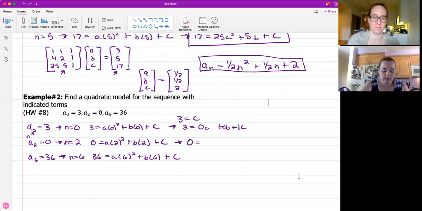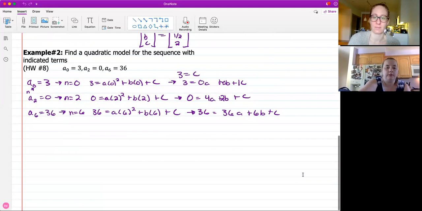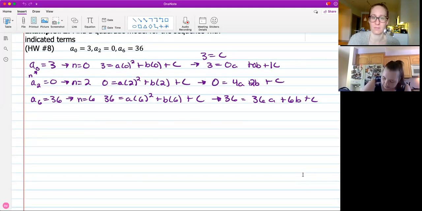Okay, and then for this one, it's just 4A plus 2B plus C. And for this one, it's 36 equals 36A plus 6B plus C. Just like that. And then from there, again, we just build our matrix and solve for the variables. So we're going to have our 3 by 3 matrix with 0, 0, 1, 4, 2, 1, 36, 6, and 1.